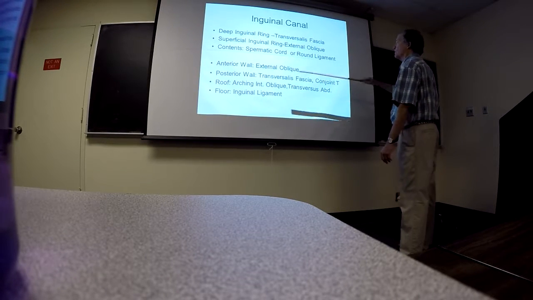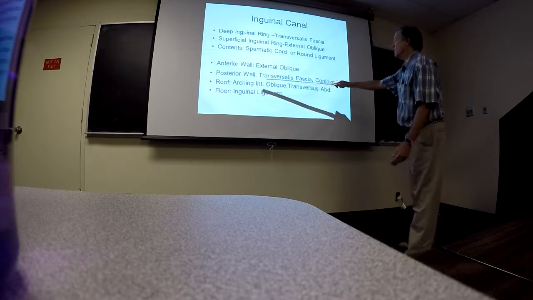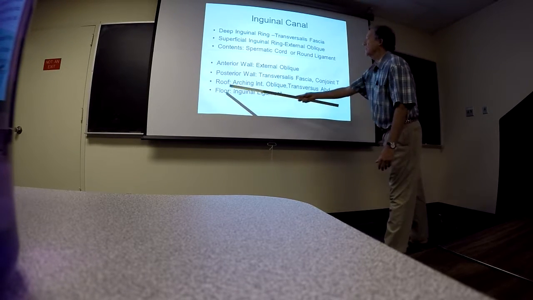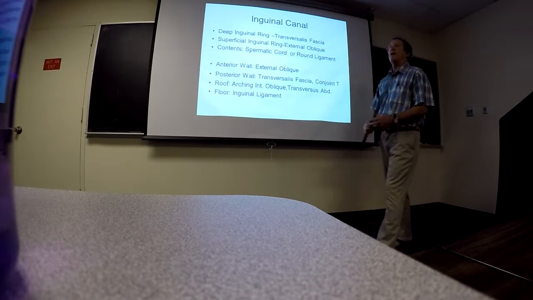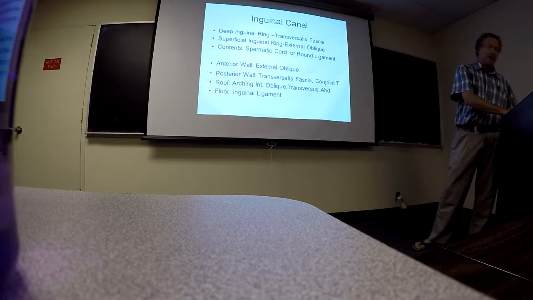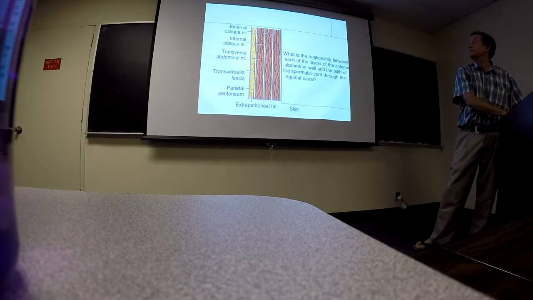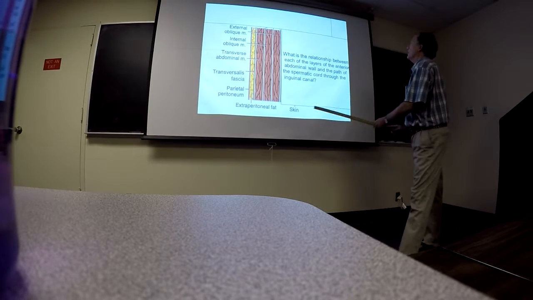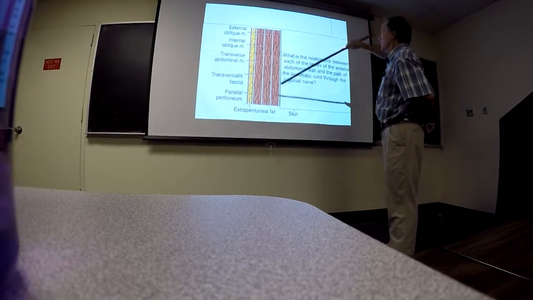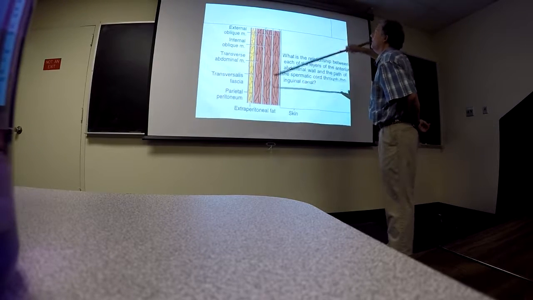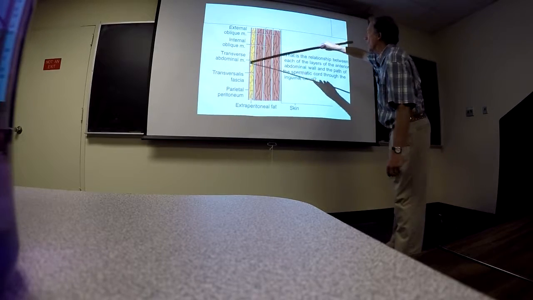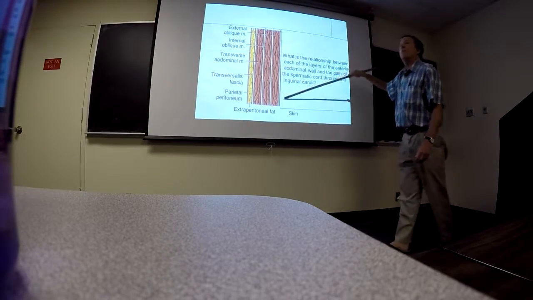And the floor of this canal is lying right on top of that inguinal ligament, that lower bent part of the external oblique fascia. So obviously, to get from deep in here to out here, the spermatic cord or the round ligament has to go through all these layers in some way or other.